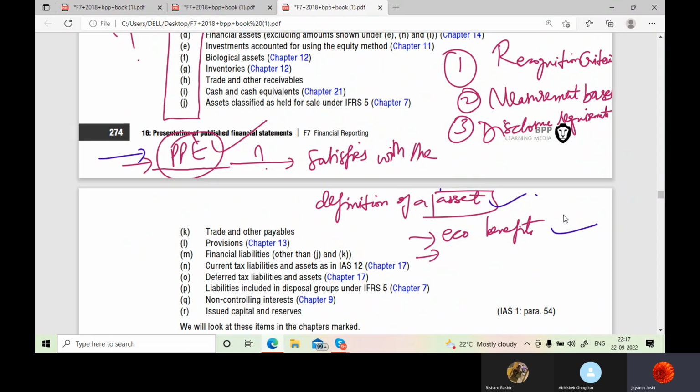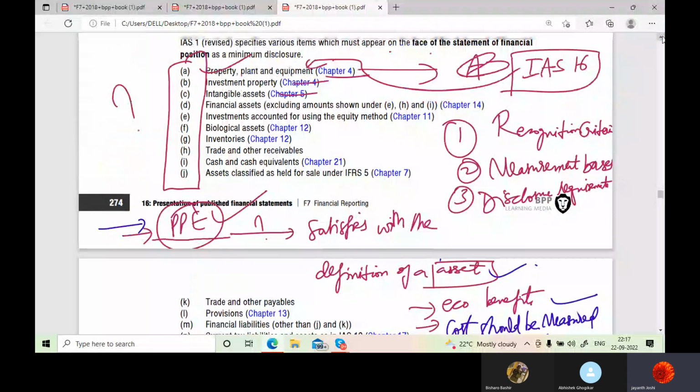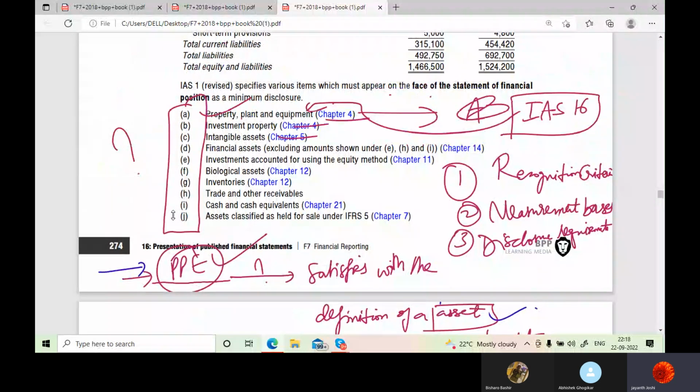That means it should have some value, otherwise you cannot write it in the balance sheet, correct? So the first thing is that the international accounting standard teaches us how to recognize something as an asset. Okay, tangible asset. So this particular standard deals with tangible assets.